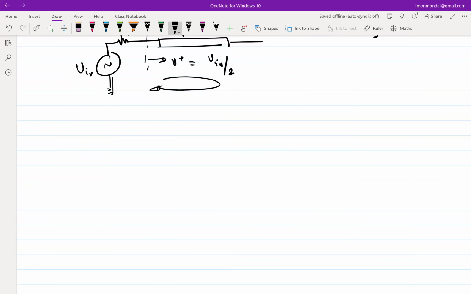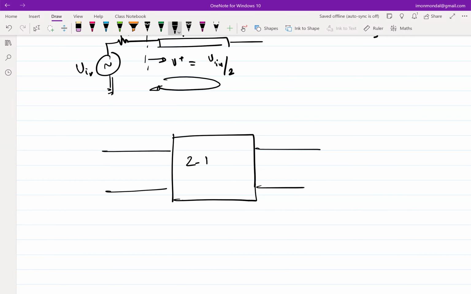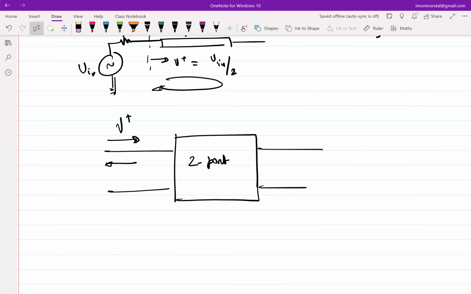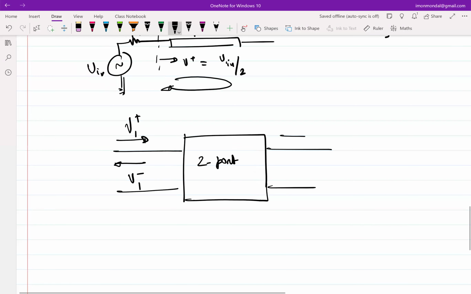We are essentially saying that if I have a two-port network, and I have a forward-going wave V plus, and I have a reflected wave V minus. And let me now distinguish between the ports, saying that this is V1 plus and this is V1 minus. And this is V2 plus and this is V2 minus.